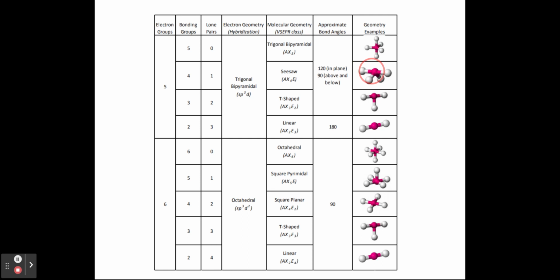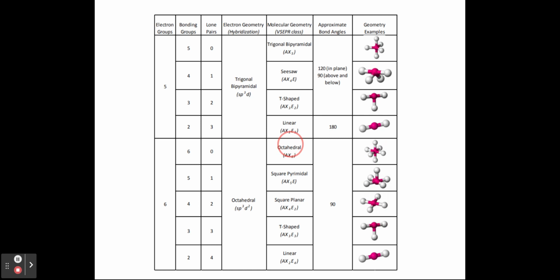So they want to minimize the repulsion, and so this is why they have these shapes. And so I had gone into more detail in a previous video, but I just wanted to, in this video, kind of talk about hybridization of the orbitals and link that with the shape.